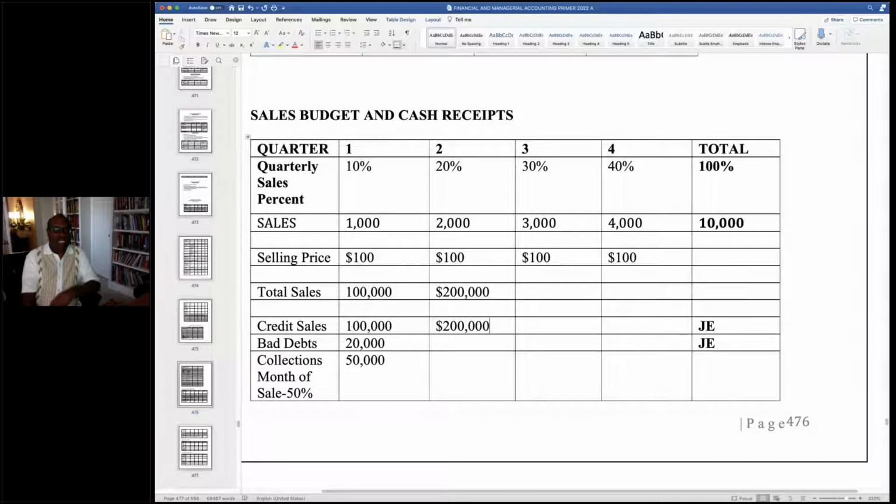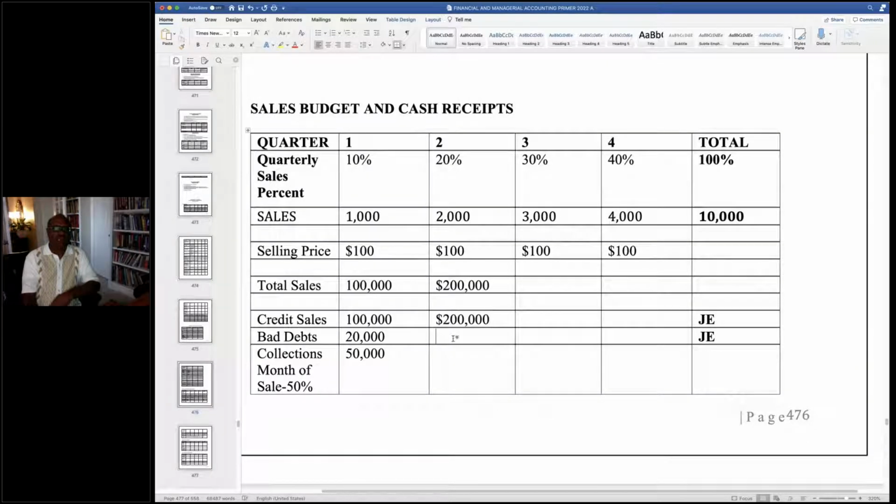Bad debts are gonna be 20%, so how much might bad debts be? 40,000. Collections in this month of sale, we're gonna collect half of that, so we got 100,000.